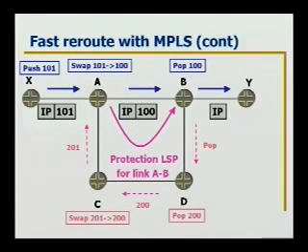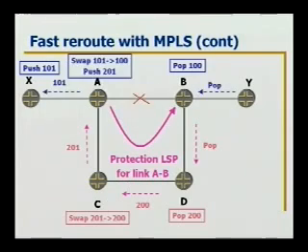What I need to do is at node A, I will swap the label 101 to label 100, as I was doing before, because I want label 100 to show up on my packet at some point later in the path. But I will also push another label, the label 201 that belongs to the protection LSP, and then push the packet out of the interface AC.